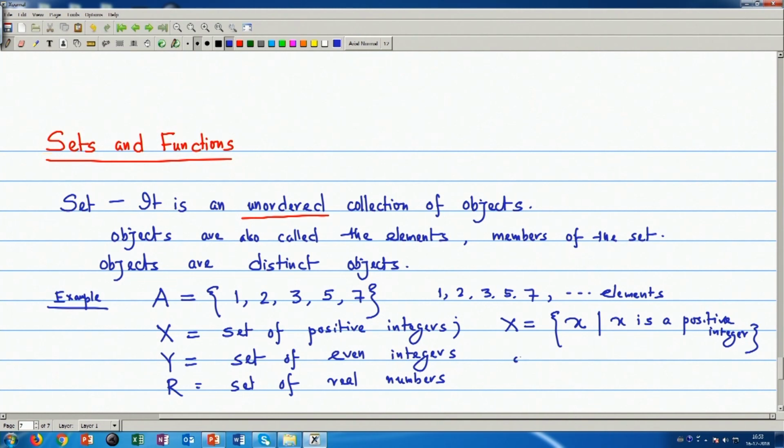Normally, we denote that as x belongs to X. This is the notation we use: the small letter denotes the element of a set and the capital letter denotes the set itself.